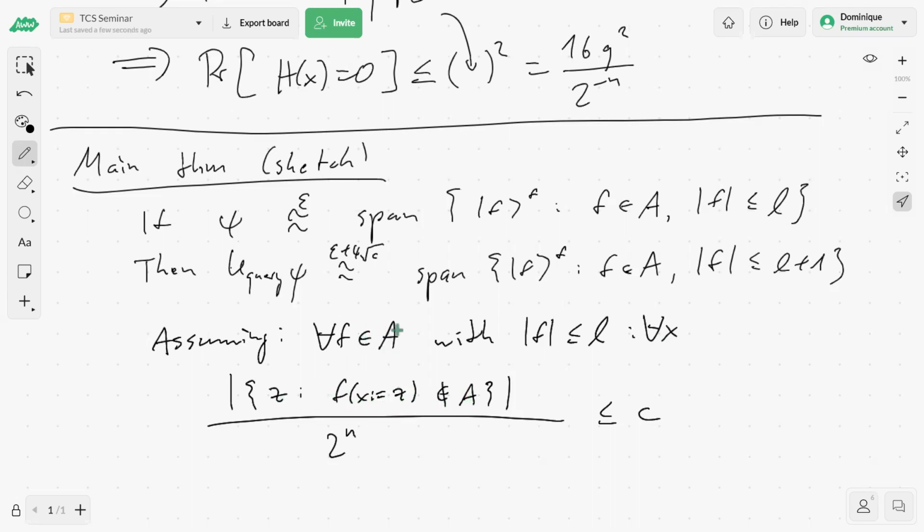So in our case, if f has no 0 output, how many values of z can make f have a 0 output afterwards? Well, in this case, it's very trivial.